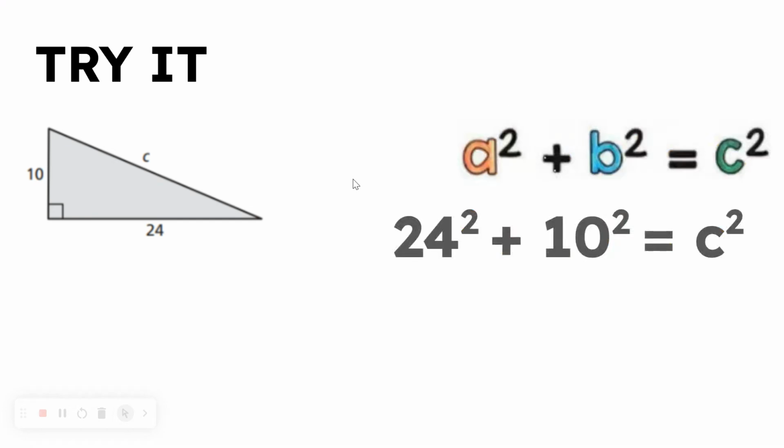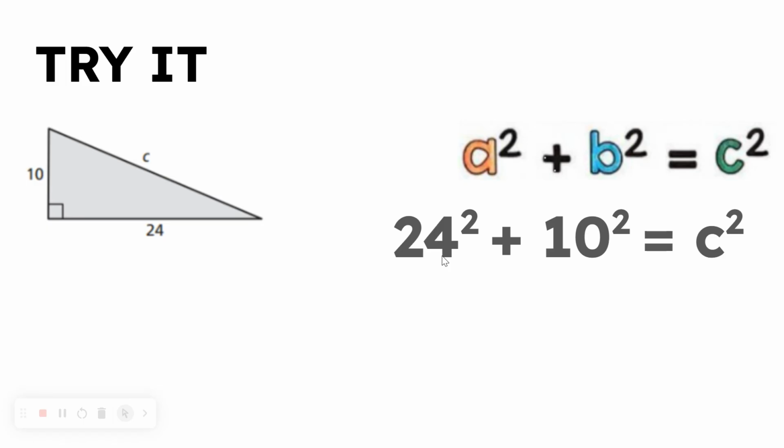Okay, let's work on this first one. A squared plus b squared equals c squared. A and b are our two side lengths that make that 90-degree angle. So we have 24 squared plus 10 squared is equal to c squared. We need to find the value of 24 squared and 10 squared.